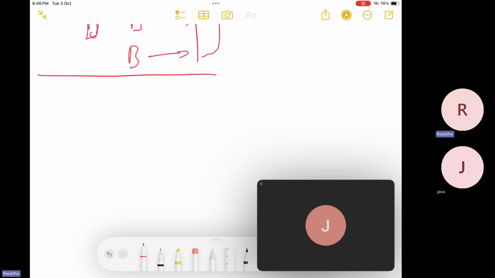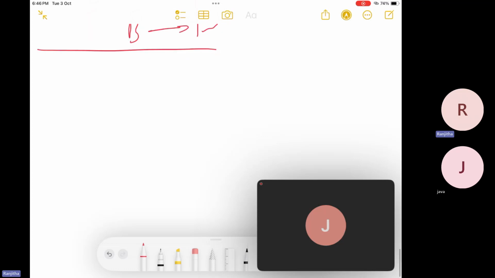Let's take a very simple small example, and then we can move to larger ones.